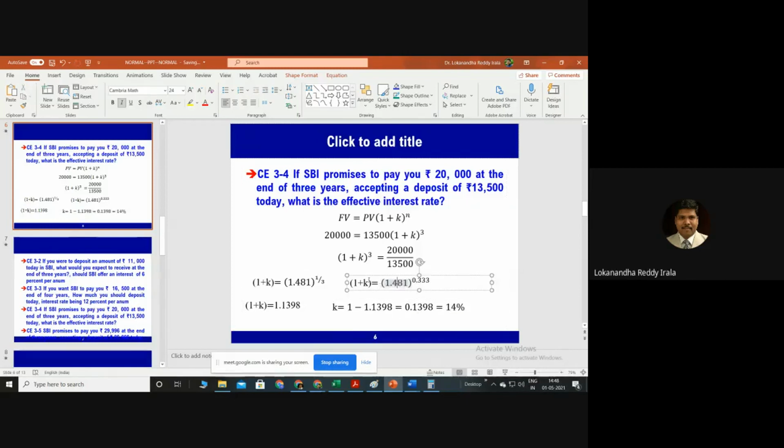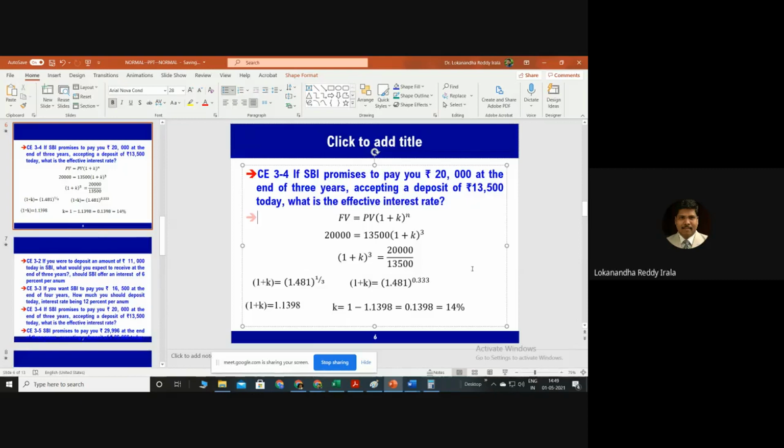Now just have a look at it. Any questions? You just let me know. No, sir. This clear? So now this is what SBI is giving you as a rate of interest.